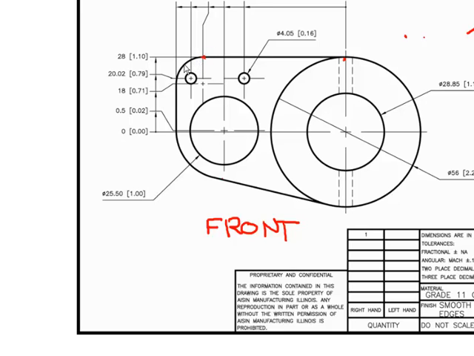Then this arc, we follow it along, and it has a point of tangency where it touches this next line. Then this line has a point of tangency where it touches this next arc. And we come down to this arc, it has a point of tangency where it touches this next line. And then this line has a point of tangency where it touches the circle. So that's 1, 2, 3, 4, 5, 6 points of tangency.